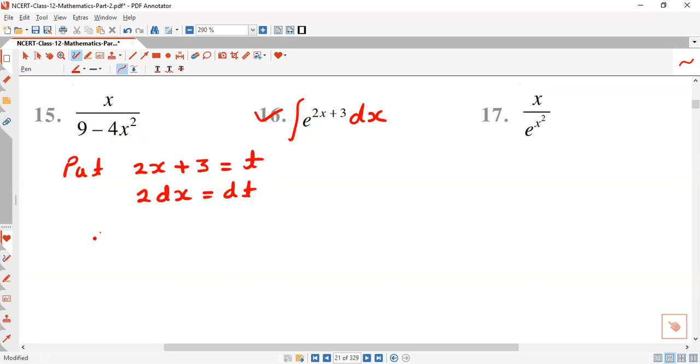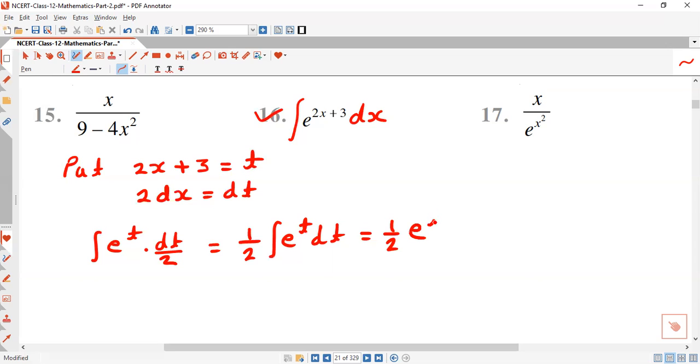It becomes e raised to t, and dx becomes dt by 2. You can say 1 by 2 e raised to t dt. If you do the integration, you get 1 by 2 e raised to t plus some constant c. Now put the value of t. This comes out 1 by 2 e raised to 2x plus 3, plus some constant c. This will be the answer.